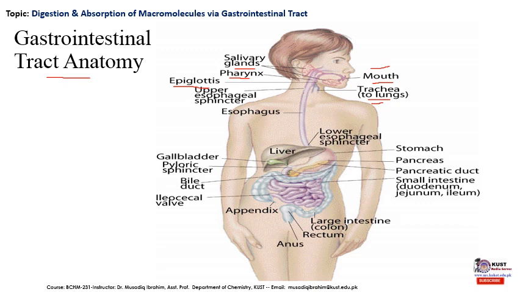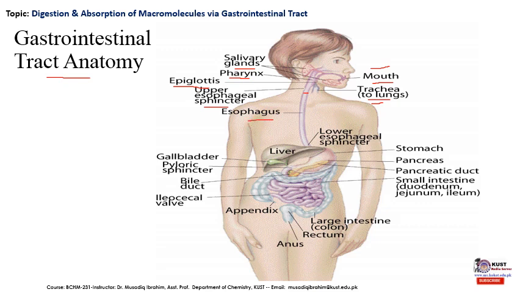Afterwards, you can see that this portion is known as the upper esophageal sphincter. These are specialized muscles which allow the chewed food to go down the esophagus.